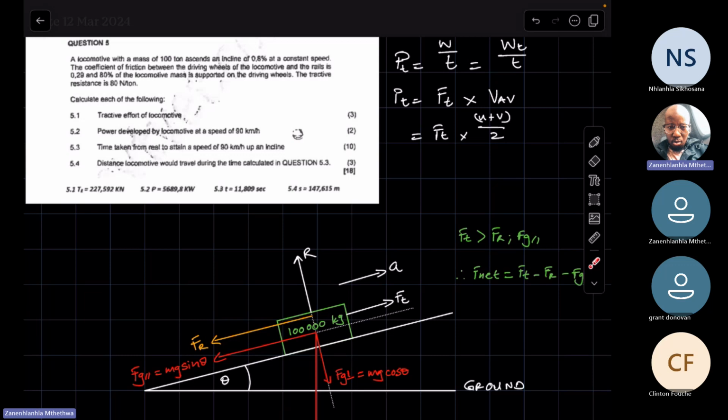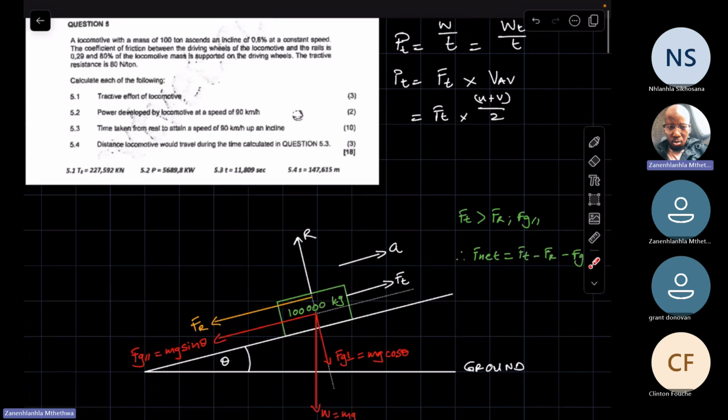Now, if we look at what you've been given here, we are looking for the time. We know this is moving from rest, so you have the initial velocity, which is 0, and the final velocity, which is 90 kilometers per hour.